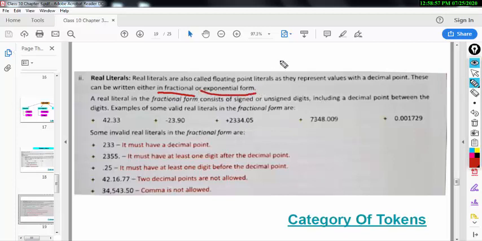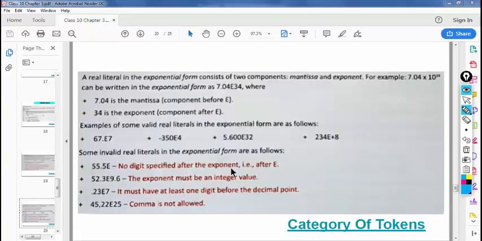So we have seen the fractional form. Now let us see the exponential form. In the exponential form of real literal, it consists of 2 components, mantissa and exponent, and it is used for writing numbers in the scientific notation.